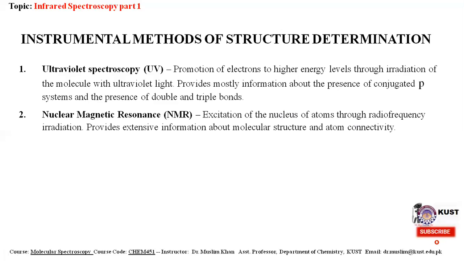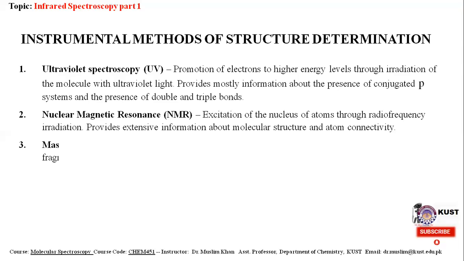It provides very detailed and extensive information about the molecular structure and the atom's environment, basically atom connectivity: what types of different hydrogens are present in the molecule because they have different environments, and what types of different carbons are attached in the molecule. We are doing proton NMR, carbon NMR, etc.